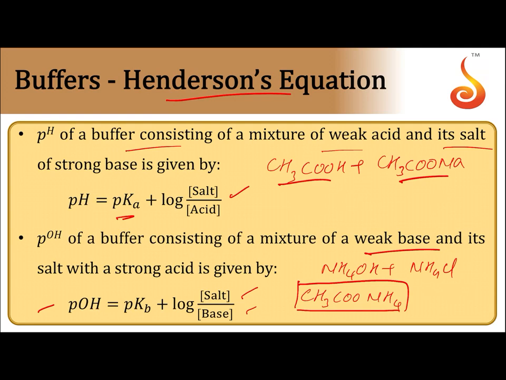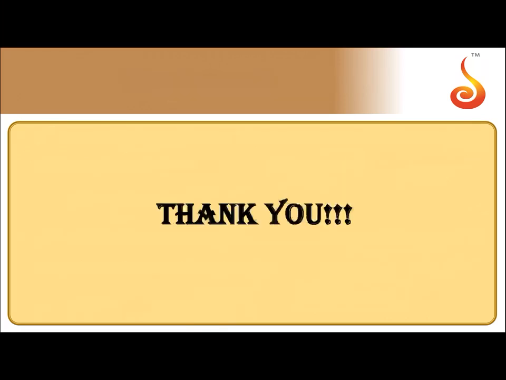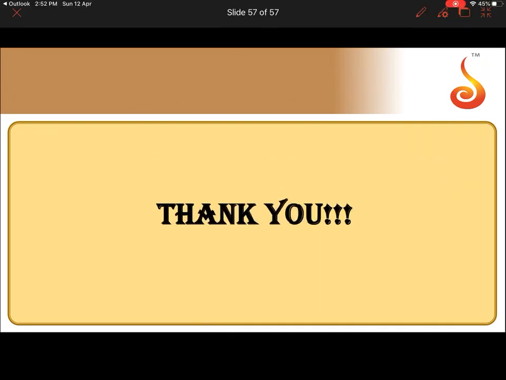So buffers are mixtures like a weak acid plus the corresponding salt of a strong base, or a weak base plus the corresponding salt of a strong acid, and also the aqueous solution of a salt of a weak base and weak acid. Then with this we are done with chemical equilibrium.